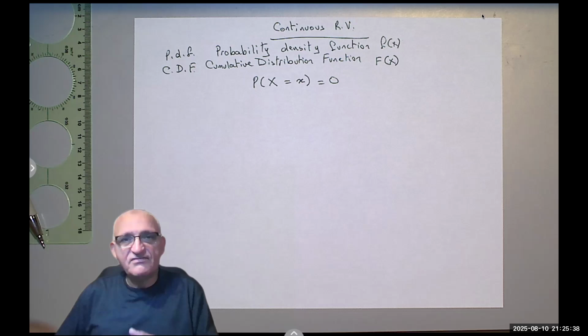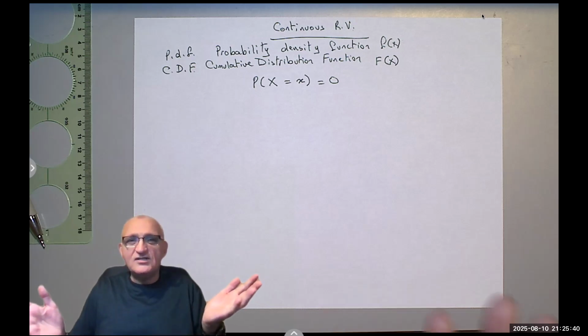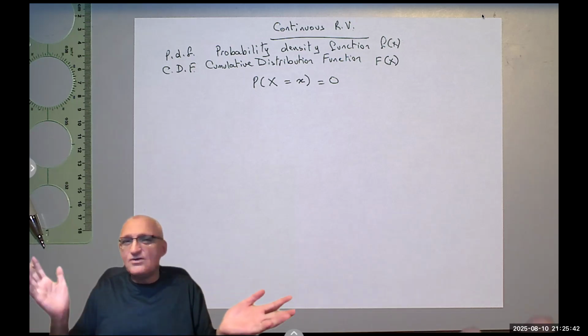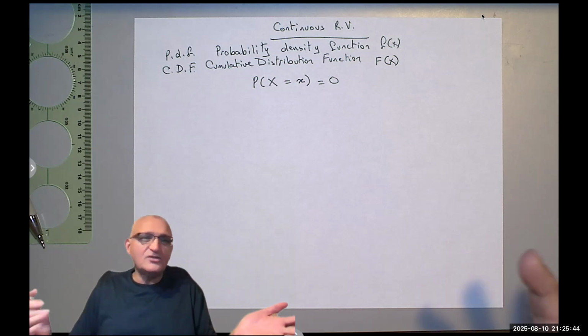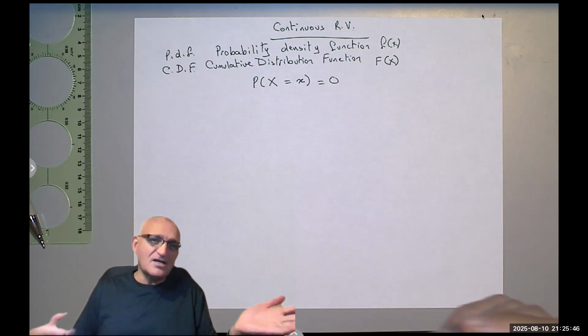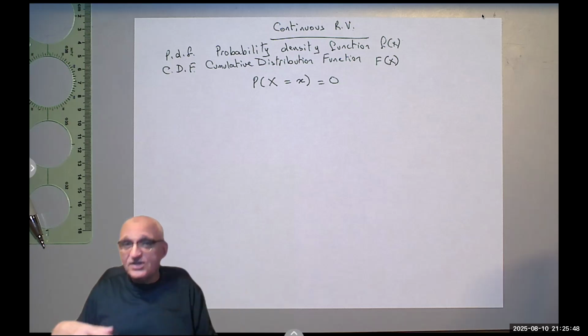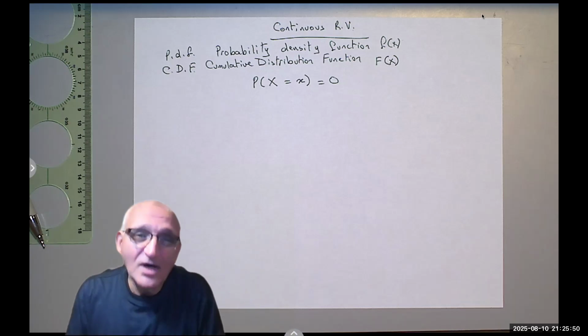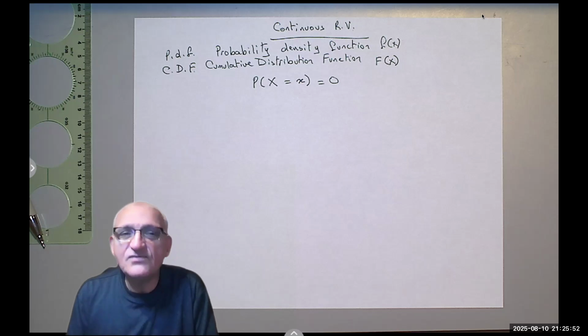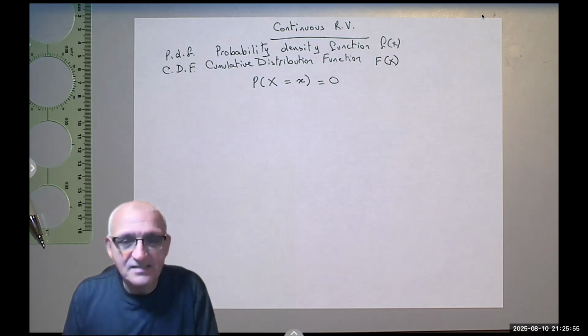Here, I don't care. If I say the probability that x is between 1 and 2, I can say greater than 1 less than 2, or greater than or equal to 1 less than 2, or greater than 1 less than or equal to 2, or greater than or equal to 1 less than or equal to 2. All these 4 things are the same.